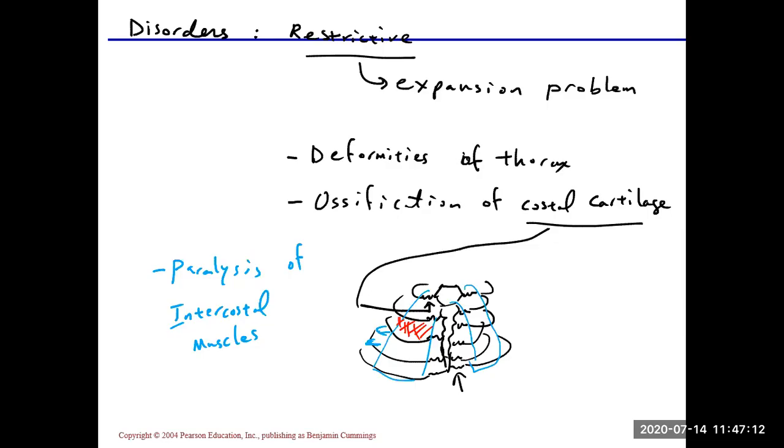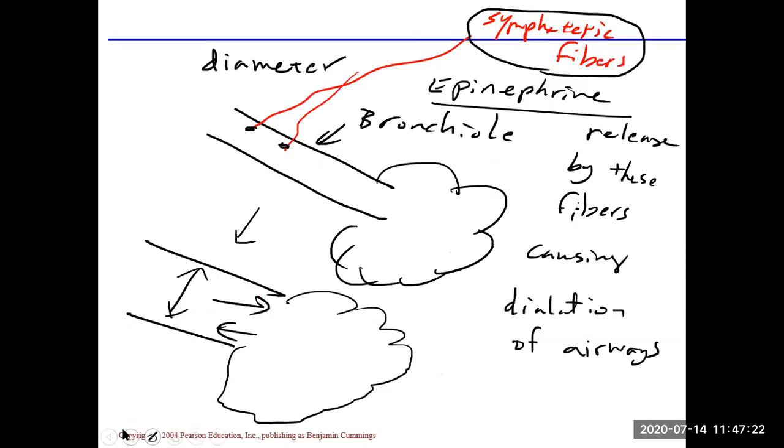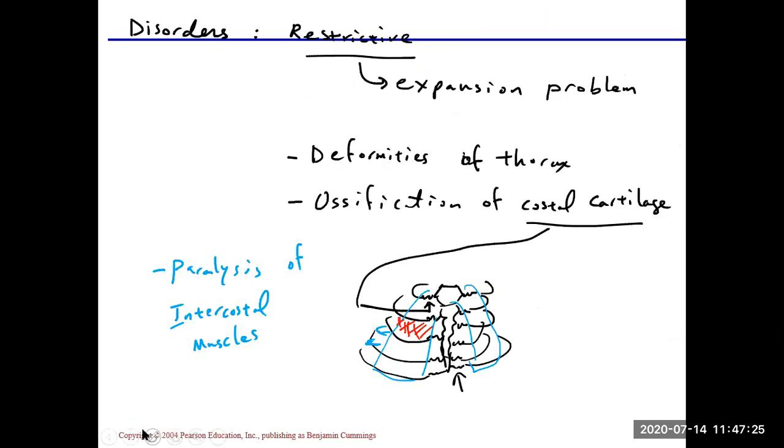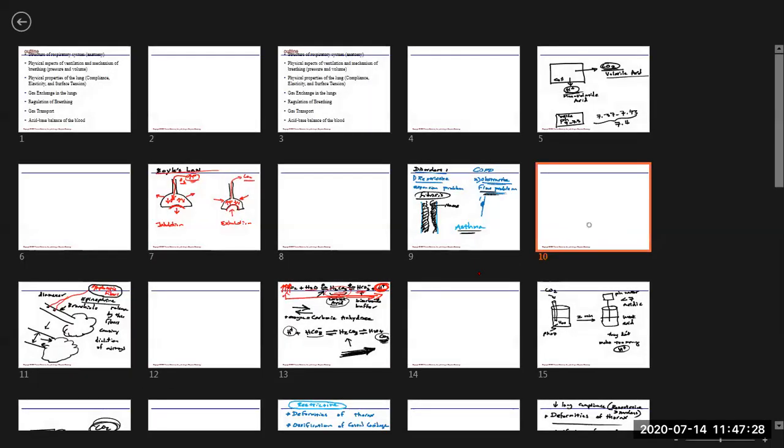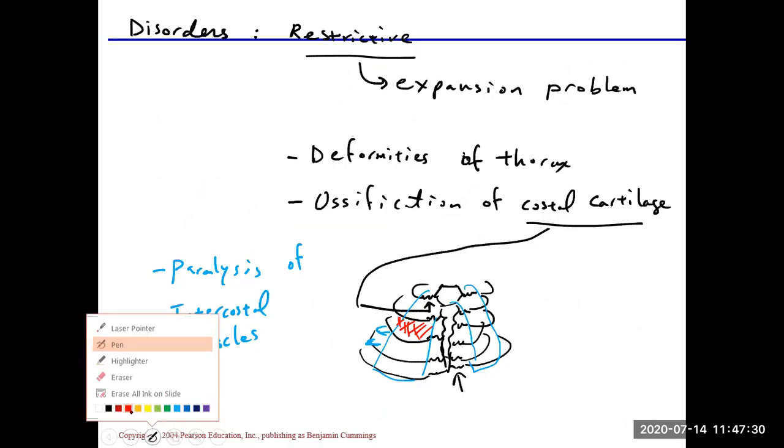All right. So next up, we wanted to talk a little bit about the second type of disorder, which is called obstructive disorder. These are the problem with the flow.